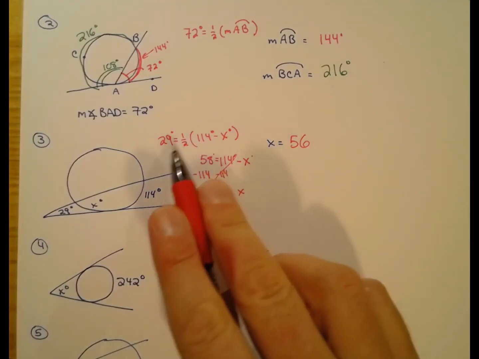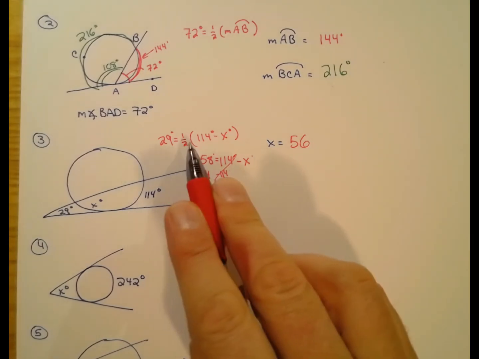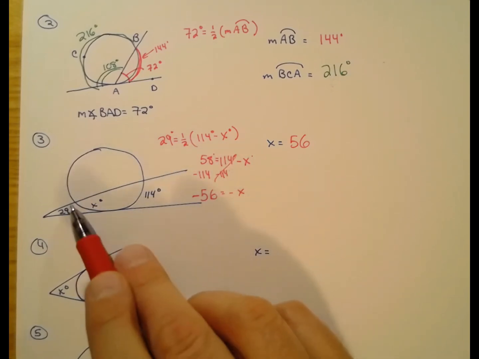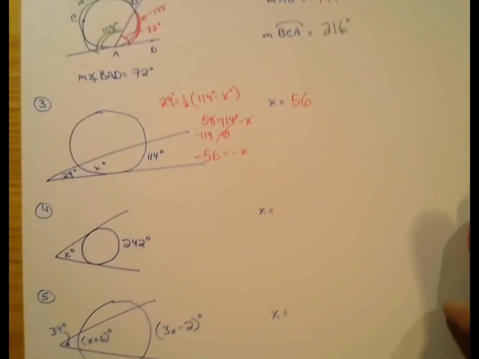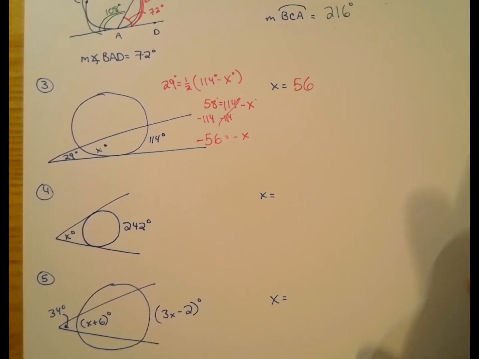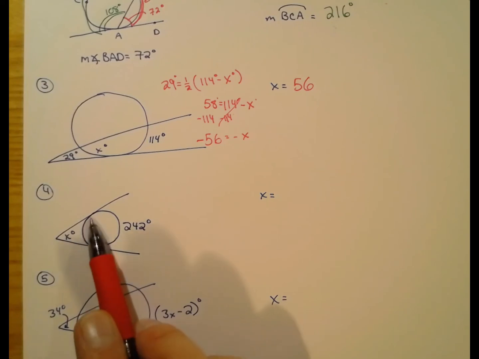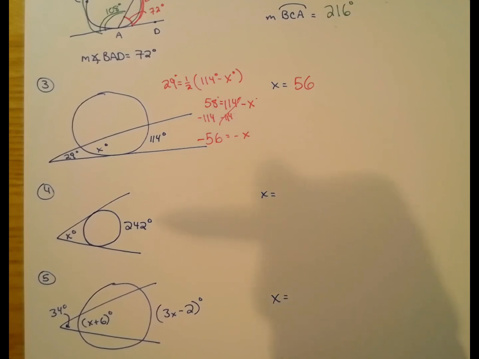But the setup, again, the angle formed outside the circle is 1/2 the difference, the further arc minus the closer arc, the intercepted arcs, that is. Here, with 2 tangents, we don't know directly the smaller arc, but we can figure it out because the two arcs together must add to be 360.